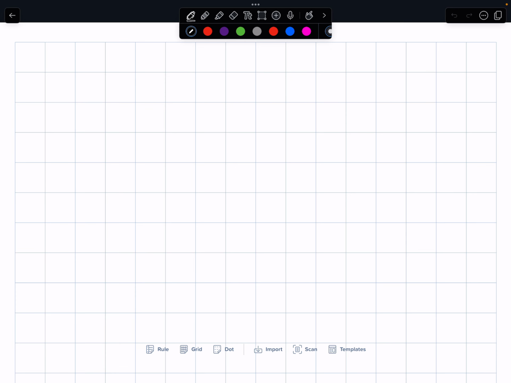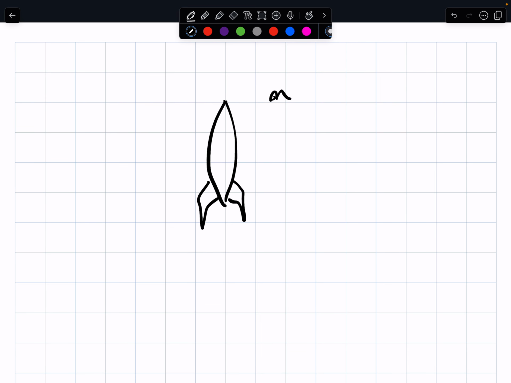Okay, so I'm going to do some more problems here involving Newton's second law. All right, so here we go. So here's a little model rocket, and let's say this has a mass of 1 kilogram.